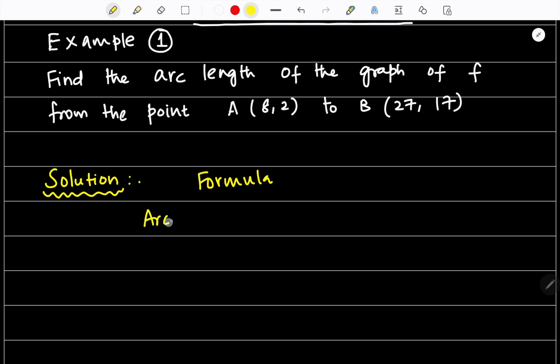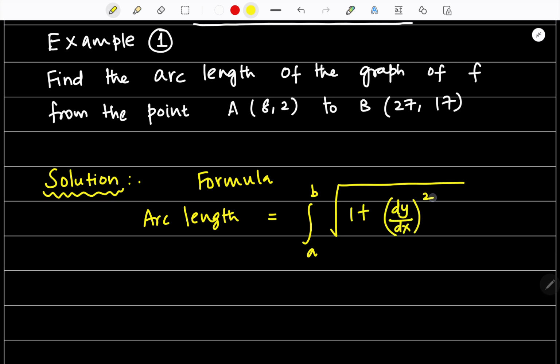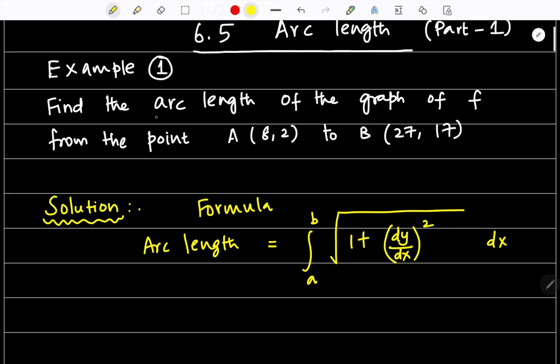So the arc length formula is given by the integral from a to b of the square root of 1 plus (dy/dx) the whole square, times dx. What's the question? Find the arc length of the graph from the point (8, 2) to (27, 17).